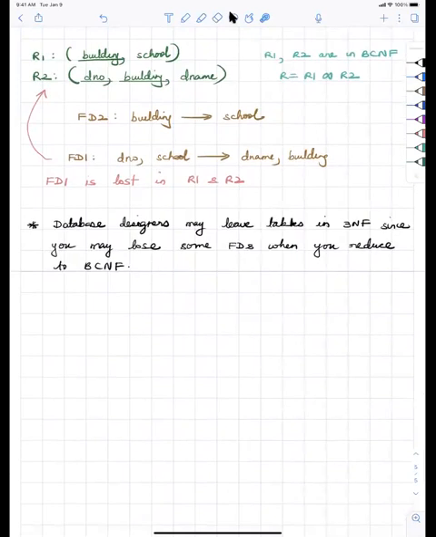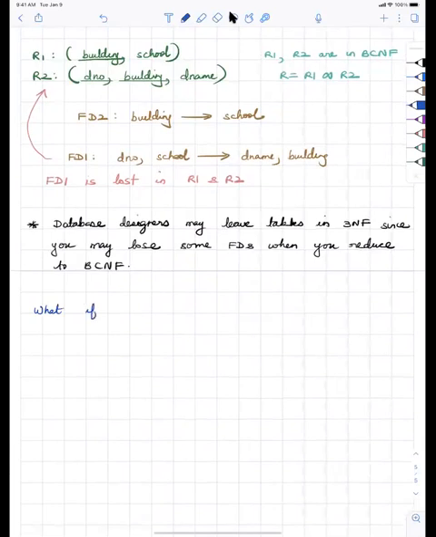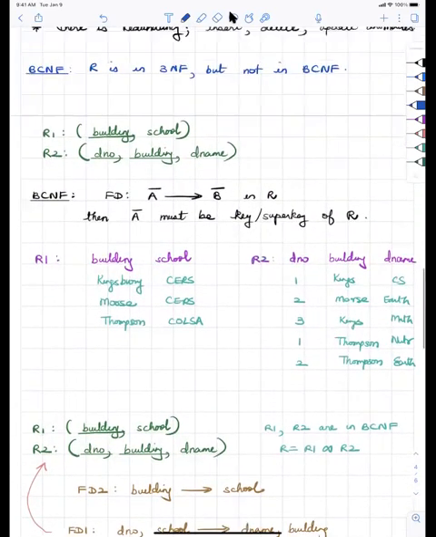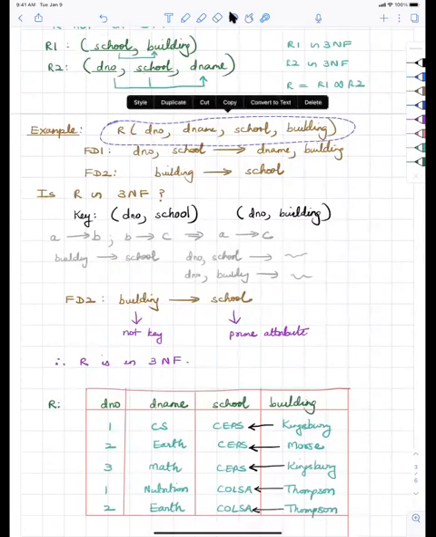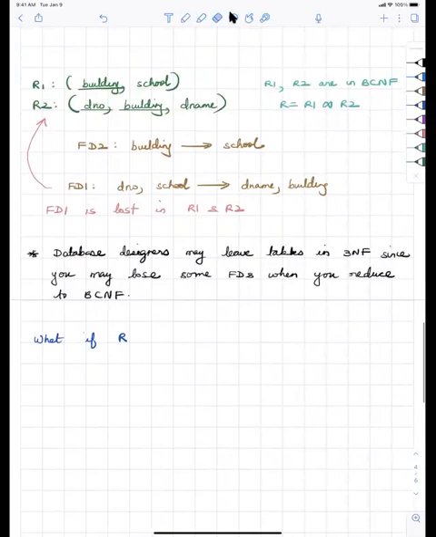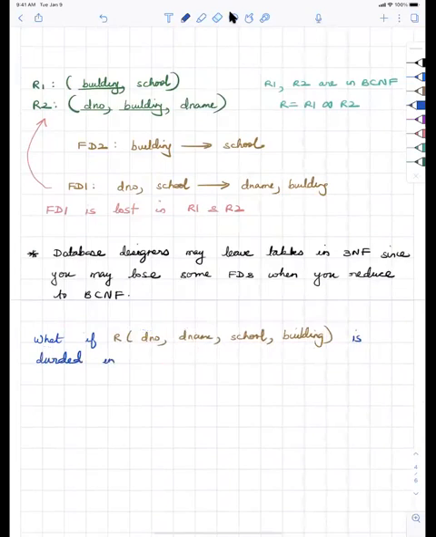Sometimes people say, what's the big deal? Why do I divide like this? What if I just divided the original table R, let me just bring it down, into R1 dash and R2 dash?